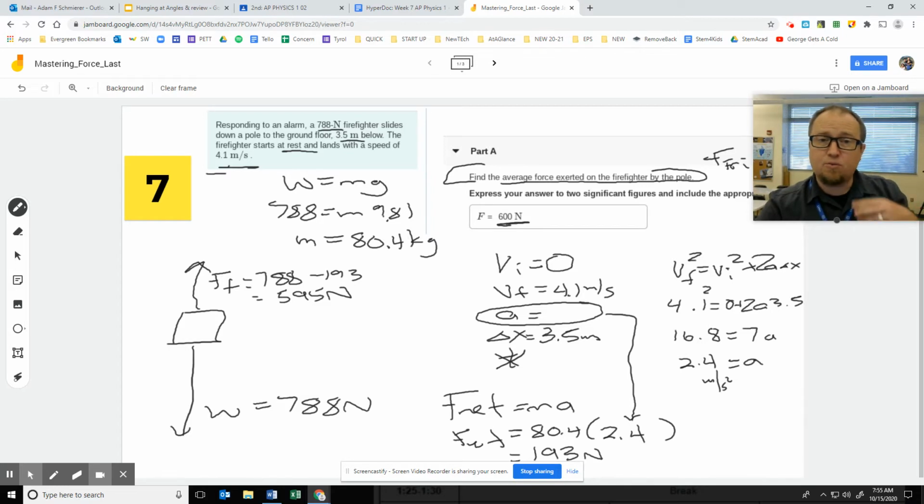The answer key rounds it because 3.5 meters and 4.1 meters only have 2 significant digits, so it's 600. You can't say 595 because that's 3 digits, and we don't know about that 5 being significant. So there's that one.